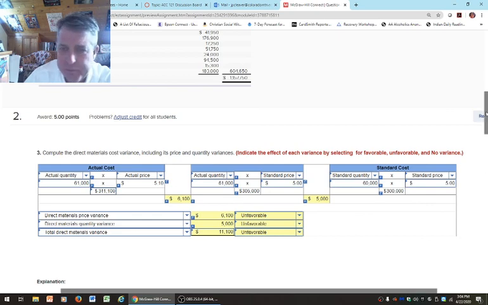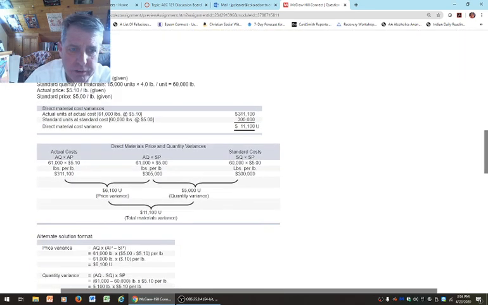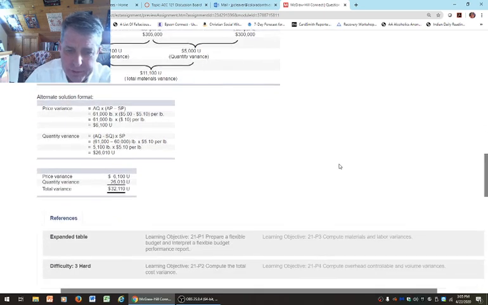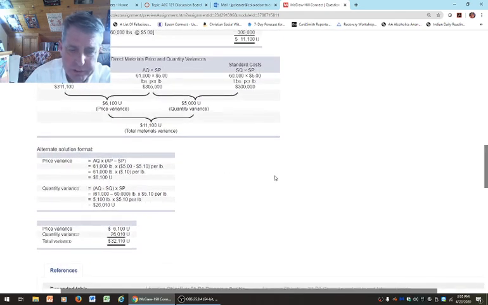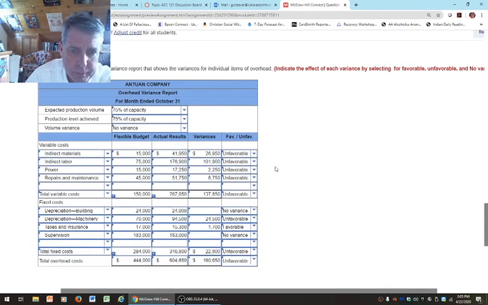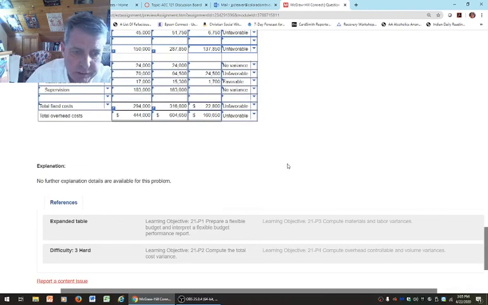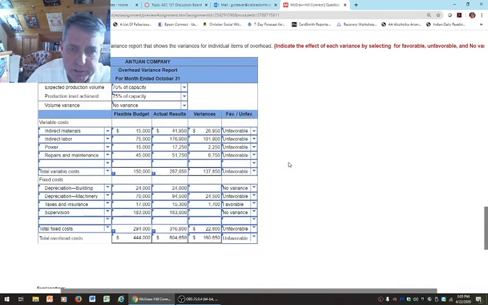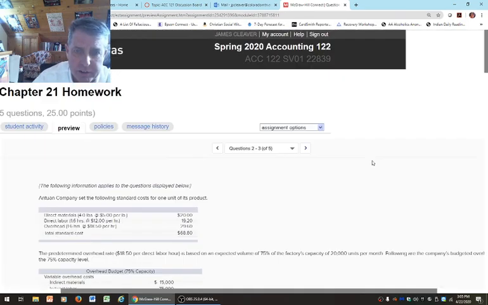You're trying to get as close as you can to reality so that you don't mess things up. Look at how they did this. This is really slick. A great methodology to use. Here's the overhead variance report with the favorable or unfavorable readings. No further explanation needed there, right? When you do your capstone, you'll realize that this is really handy.